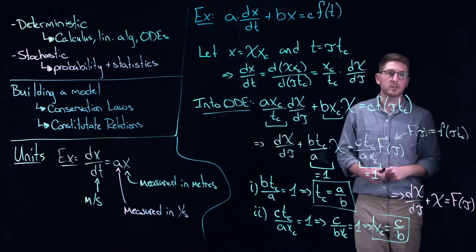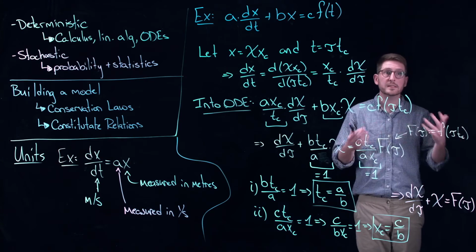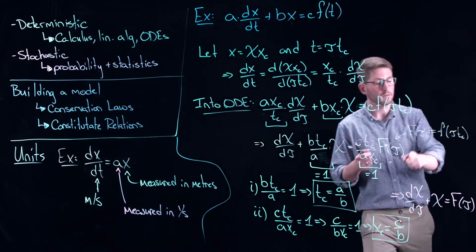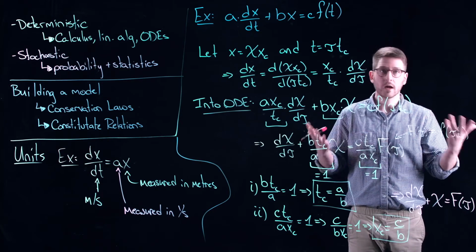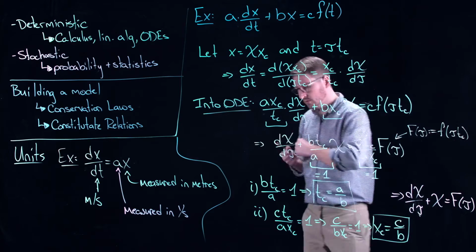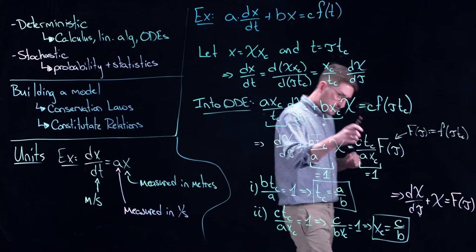Isn't that so much nicer to look at? There's no a's, no b's, no c's, nothing. No tc's, no xc's. Just a derivative of a function plus the function itself is equal to another function. No 2's, no pi's, no exponentials, nothing. It's nice and simple.